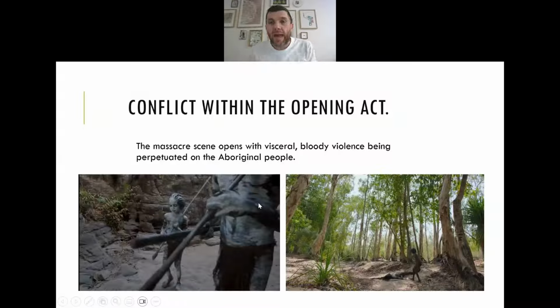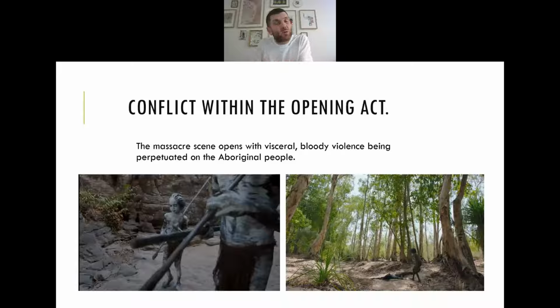So we see conflict in the opening act. And I want to include this because I think the visceral, bloody violence being right at the start is contrasted, and we see this oscillating within that first scene. We see Gudjuk and Bewara doing their very paternal training scene where they're talking about their culture, the totem, this spiritual connection.